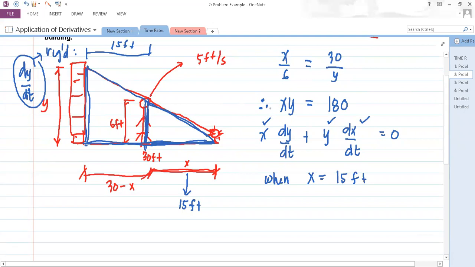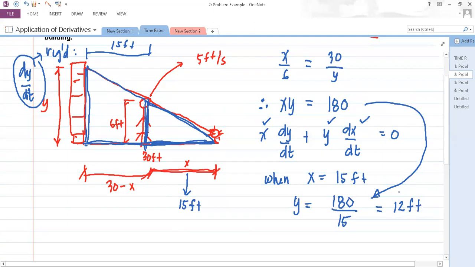When x is equal to 15, y is equal to 180 over 15, from our equation. So our y now is equal to 12 feet. Yan na yung magiging y natin.